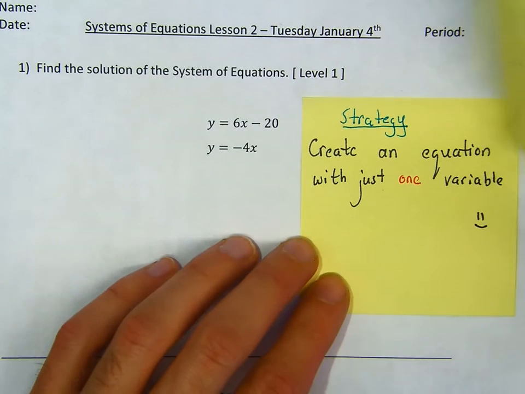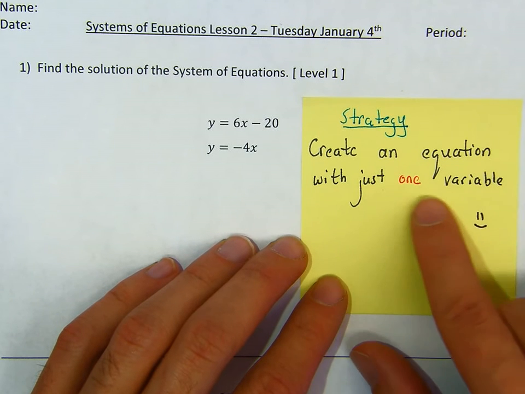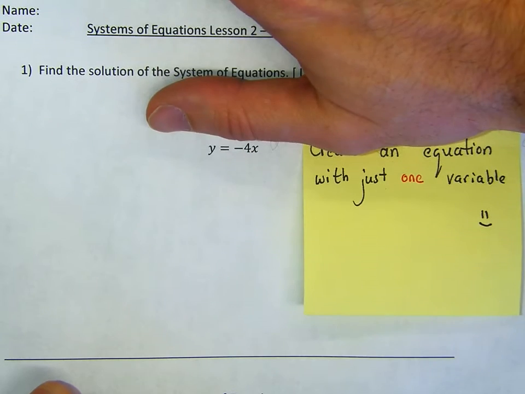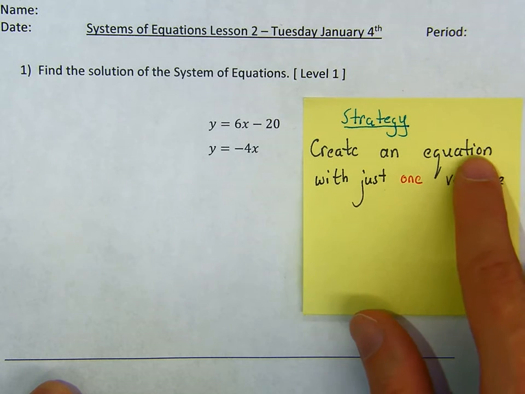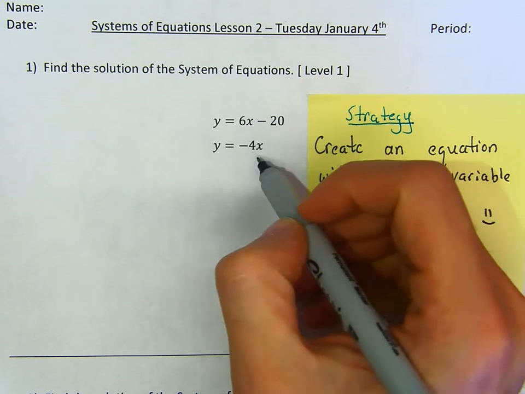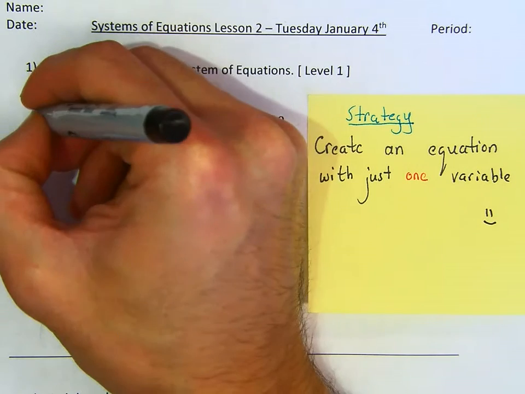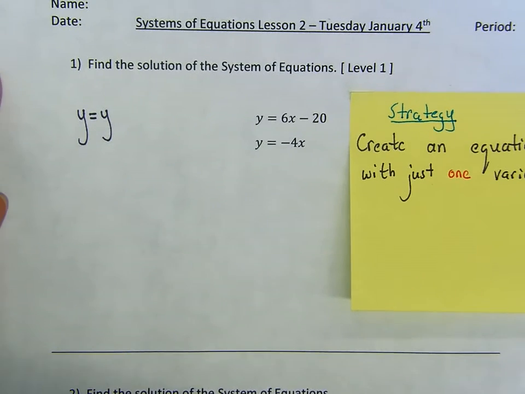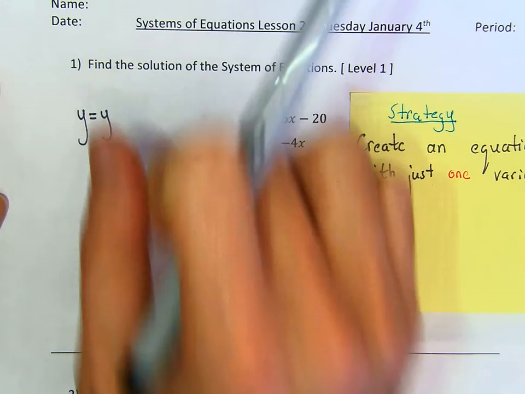So here, the general strategy is to create an equation with just one variable. Because right now here I have two variables, and here I have two variables. The idea is, can you change these equations around such that you have an equation with just one variable? A little magic trick that you're allowed to do is, notice that if y is equal to 6x minus 20 and y is equal to negative 4x, then this expression is true, that y is equal to y. If something is equal to the same thing, anywhere I see y, what can I put?